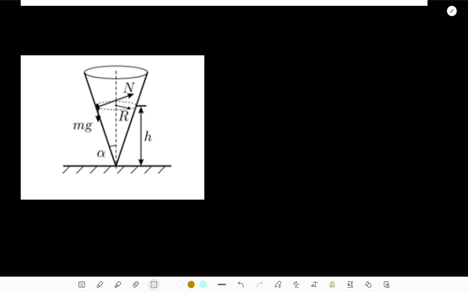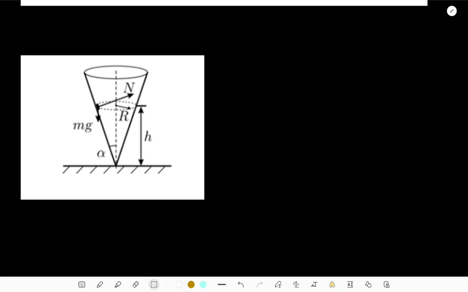Just one block moving with a constant speed v along a circle of radius r at a height h from the tip of the cone. And you can see here the block is acted upon by the force of gravity and the normal force, that is normal to the surface of the cone.